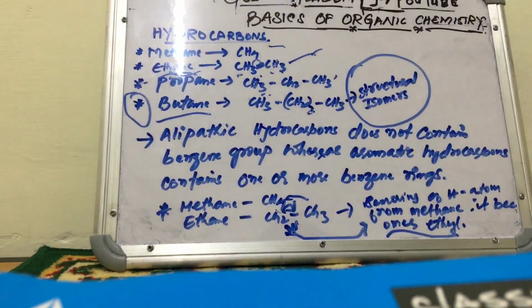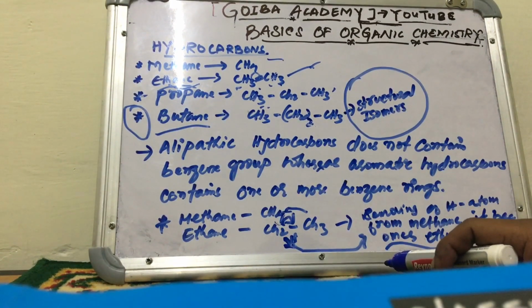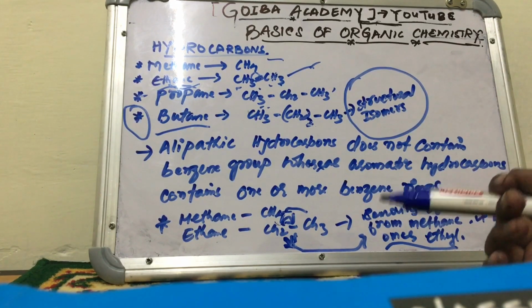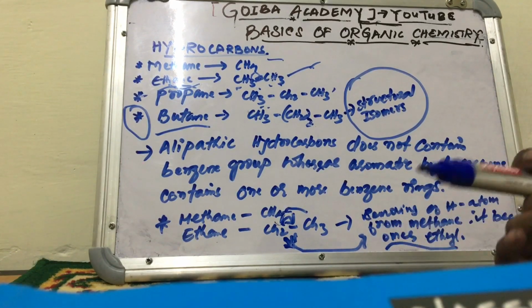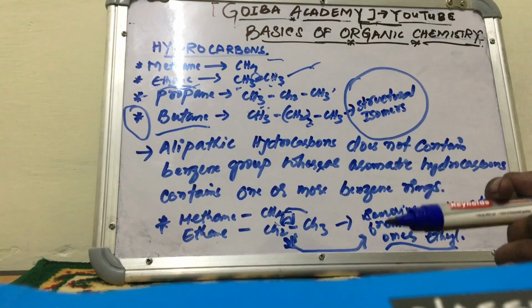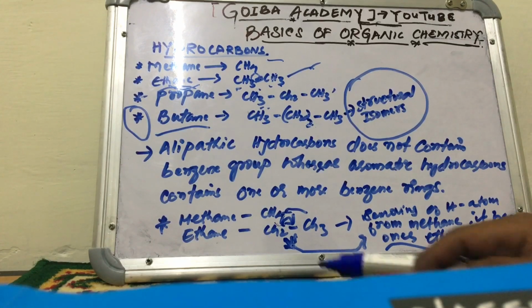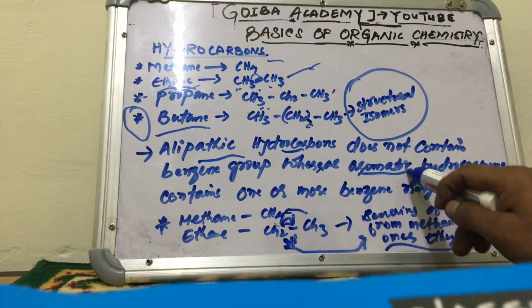Now you might be thinking about aliphatic and aromatic, and why aromatic is not included in 11th standard chemistry. When you come to college or university, you will understand why it's not in the CBSE syllabus for 11th or 12th. Both aliphatic and aromatic are hydrocarbons.